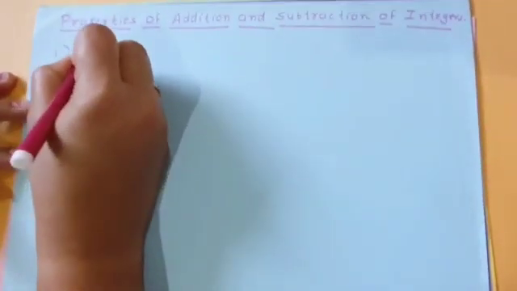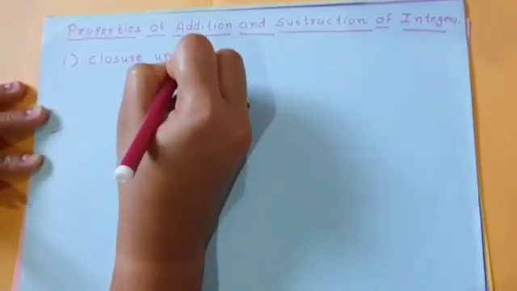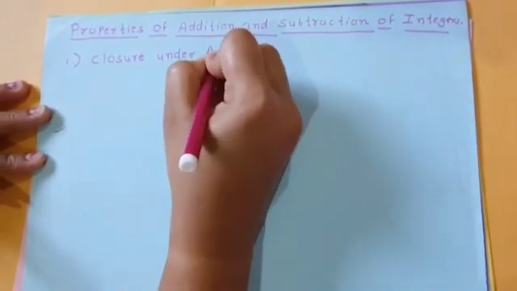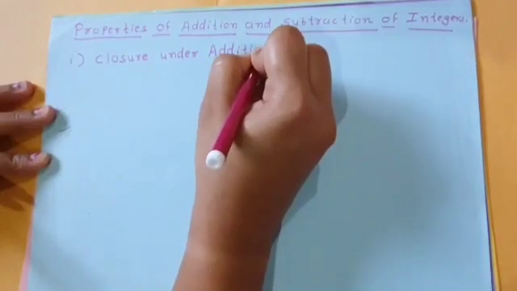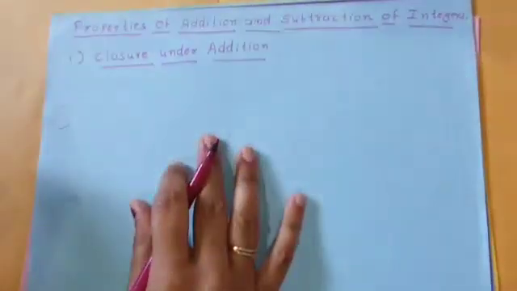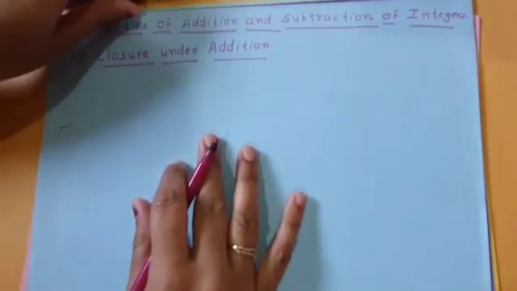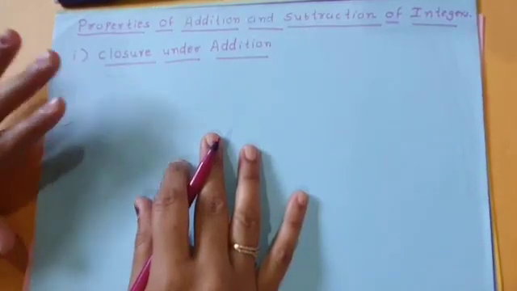The first property is closure under addition. In this property we will learn that the addition of any two integers is also an integer.